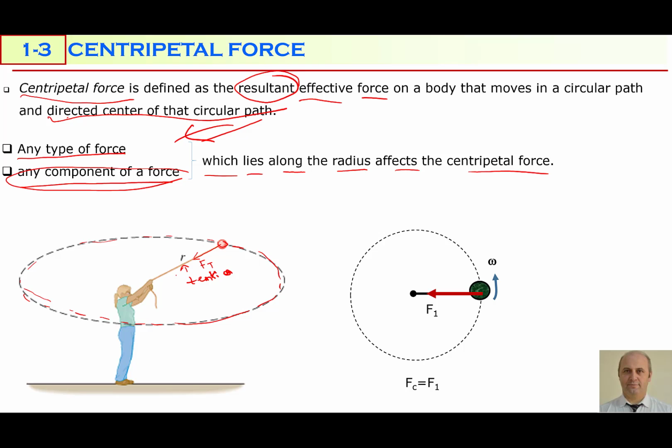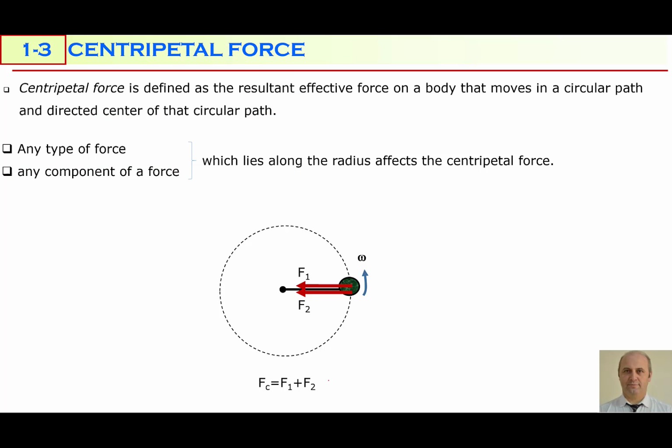In here, just one single force is acting on the ball, which is the tension force. Tension force is the centripetal force, that's why the only centripetal force here is this tension force, Ft. So if just one single force acts on an object and it is towards the center, that force is going to be the centripetal force.